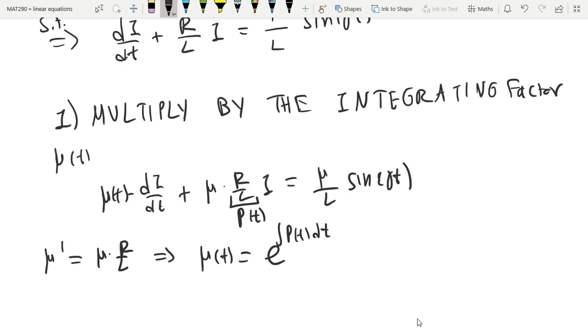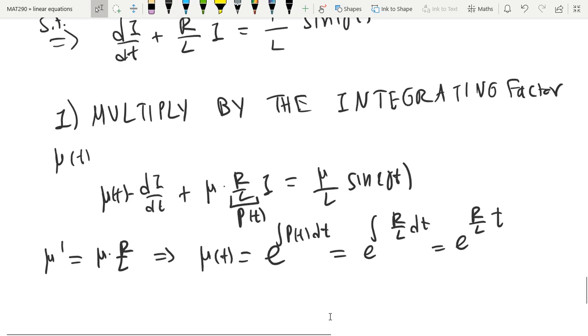And so you can directly write what mu is. You don't have to do this every time. So here we have R over L, so R over L t. Okay.